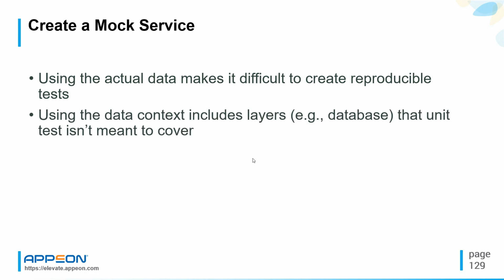Because if the database developer, assuming it's a separate database developer, it's not you, goes and changes the data model, obviously that will eventually mean your service will fail. But that's not a result of changes you made. That's a result of changes he made. And what you're testing for is to see whether or not changes you made broke this. I hope that made sense.